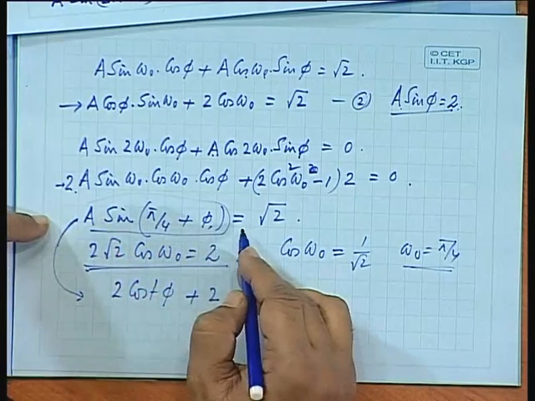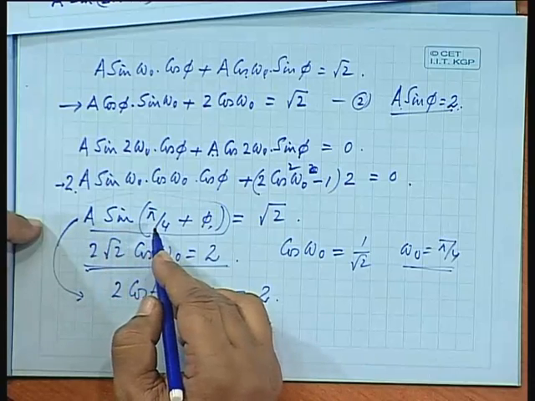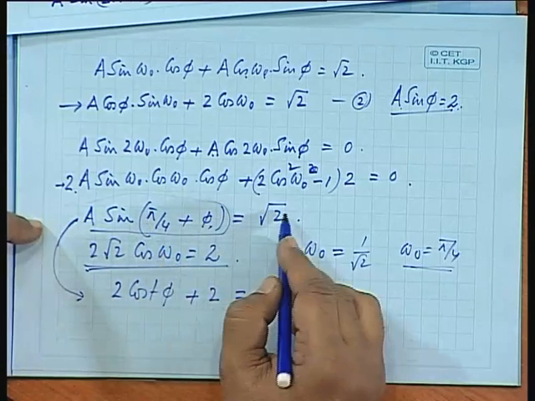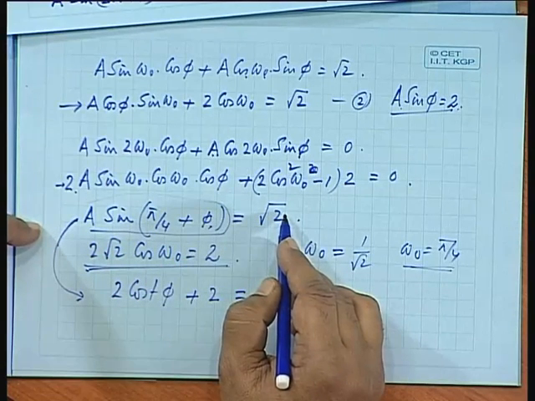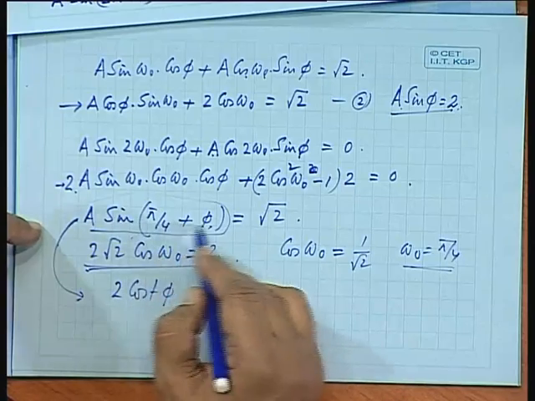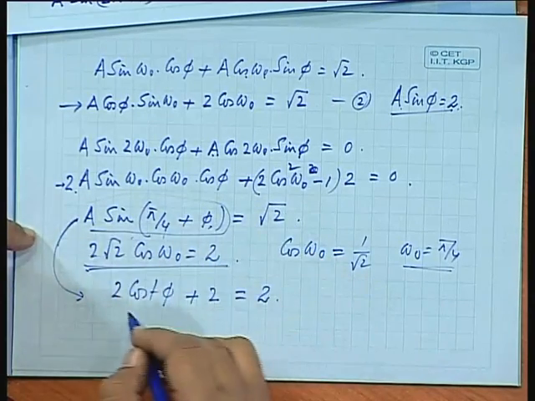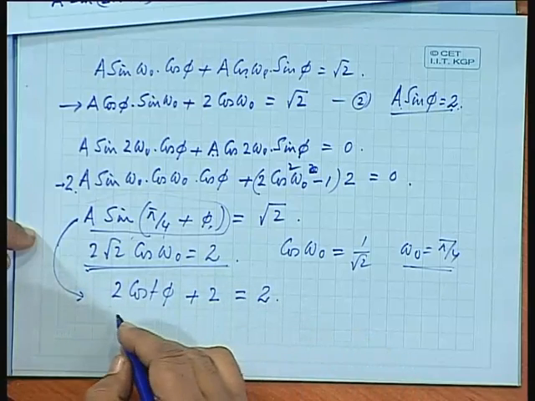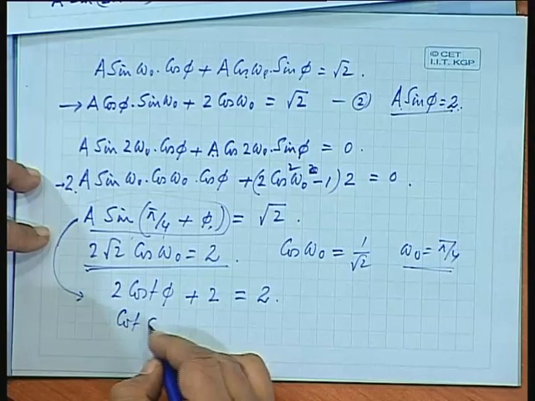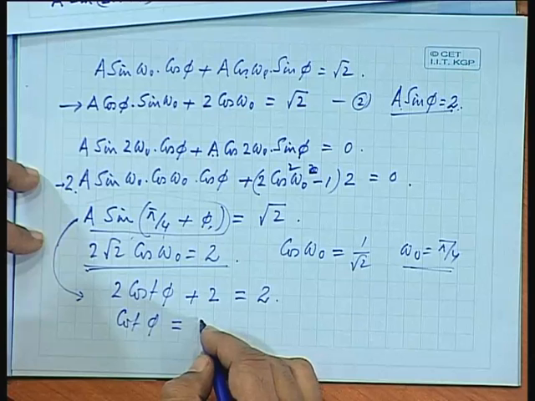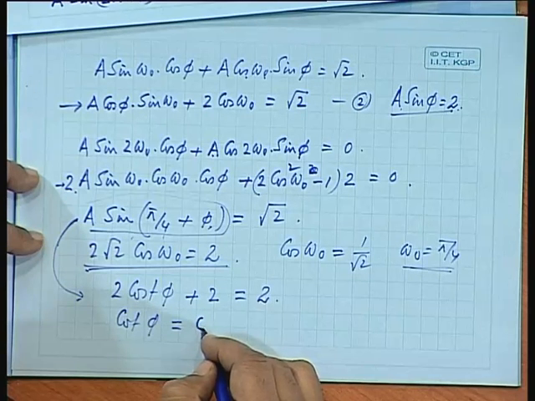You just expand it. a sin pi by 4 is 1 by root 2, that 1 by root 2 I shift here, cos pi by 4 is also 1 by root 2. So the 1 by root 2 term if I put here, that will become 2, and on the left hand side you will get this. Whence cot phi will come out to be 0.